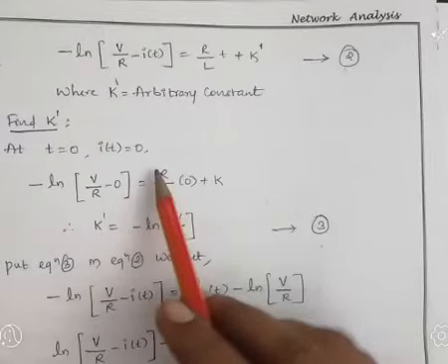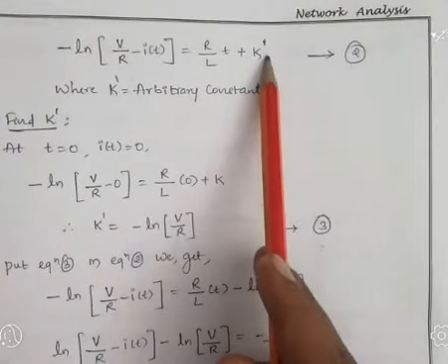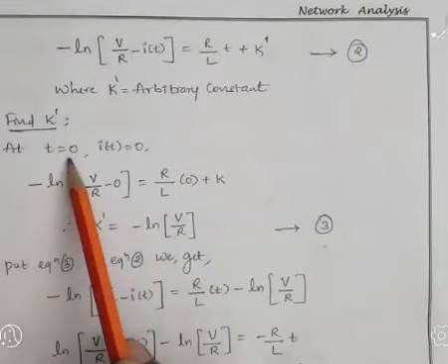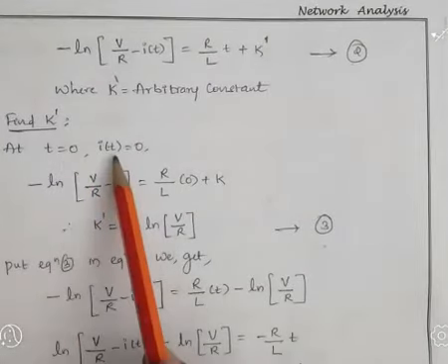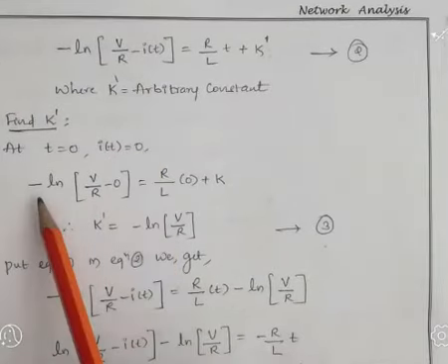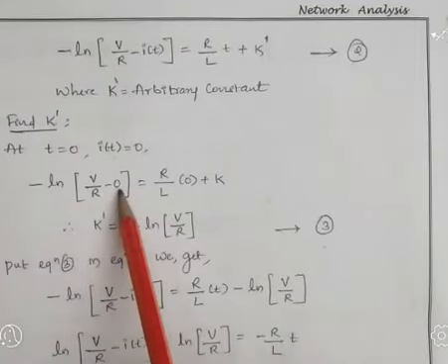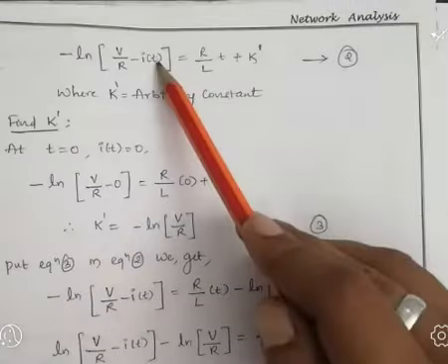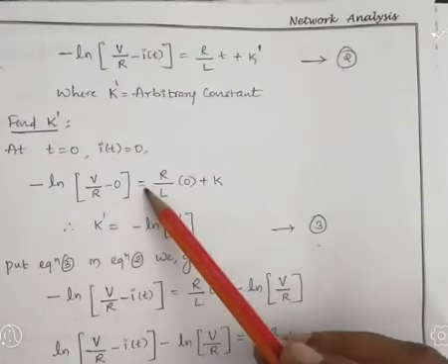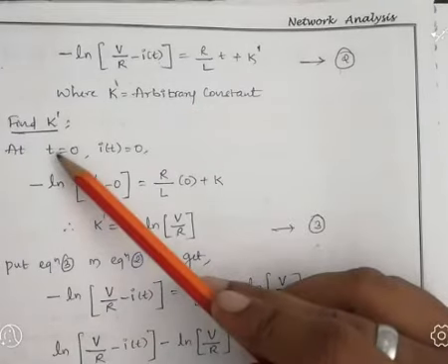How to find the value of K dash? This is the constant value. Then we have to find the constant value and substitute it here. So at time t equal to 0, we have I(t) equal to 0. Now minus ln of V by R minus 0, because I(t) at time t equal to 0 is 0, equals R by L into 0 plus K dash.